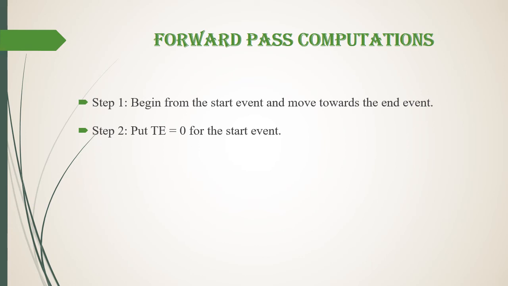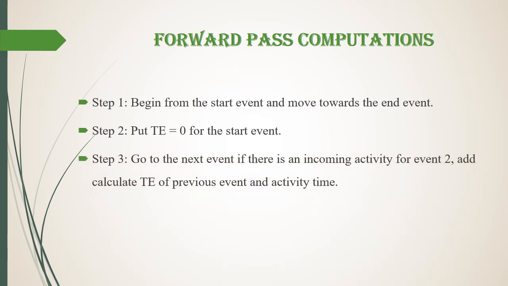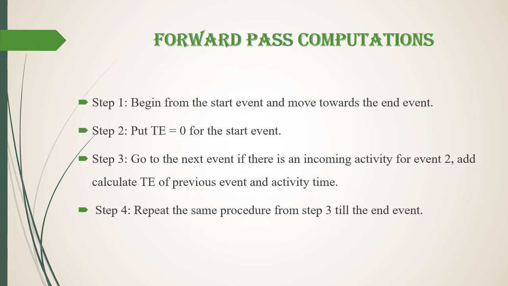In the second step, put TE equal to 0 for the start event. In step 3, go to the next event; if there is an incoming activity for the event, calculate TE of the previous event plus the activity time. And in the fourth step, repeat the same procedure for the next events also.